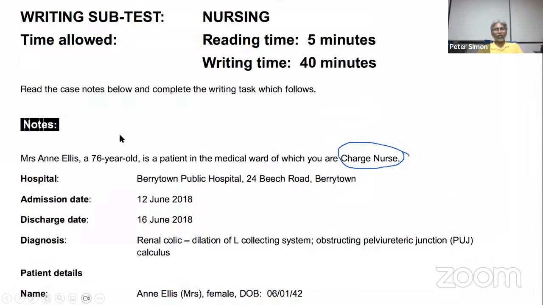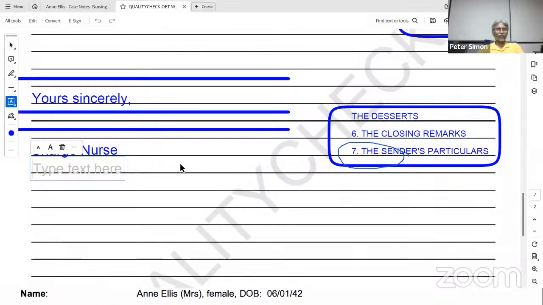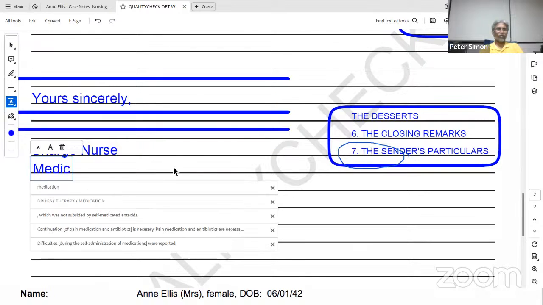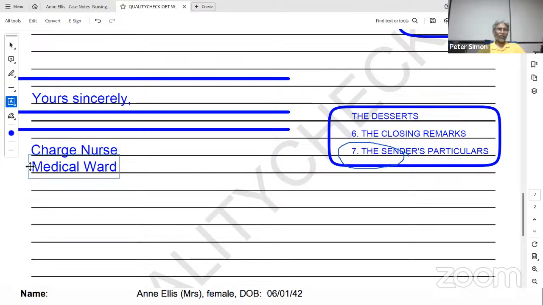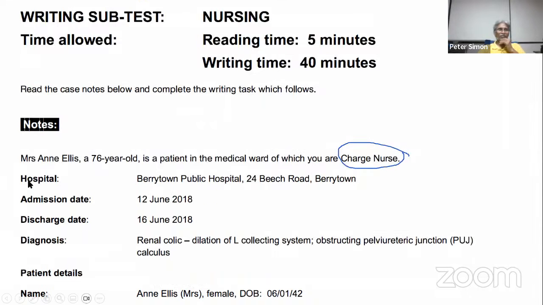In the medical ward. You can see here, medical ward. So you are writing the address now. Medical ward. The next one. Name of the hospital is Berrytown Public Hospital.